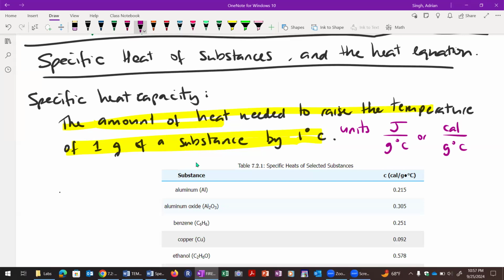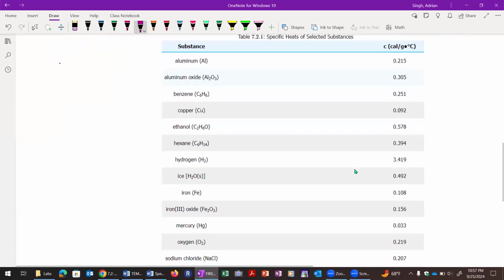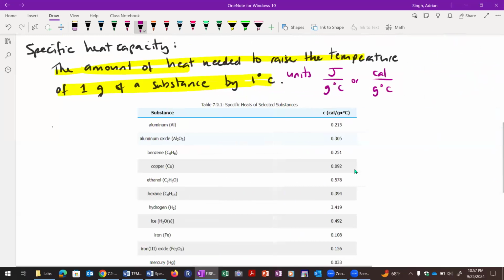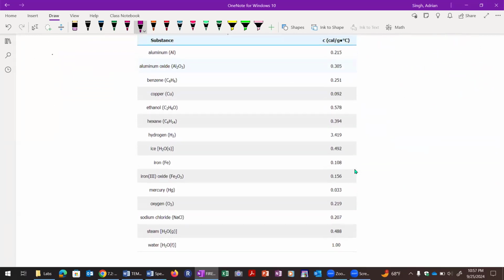And we have here a list of specific heats of different substances. As we take a look at these, you might see a general trend. What I want you to focus on here is the substances that are all metals. So let's focus in on the metals on this table. We have aluminum, for example.